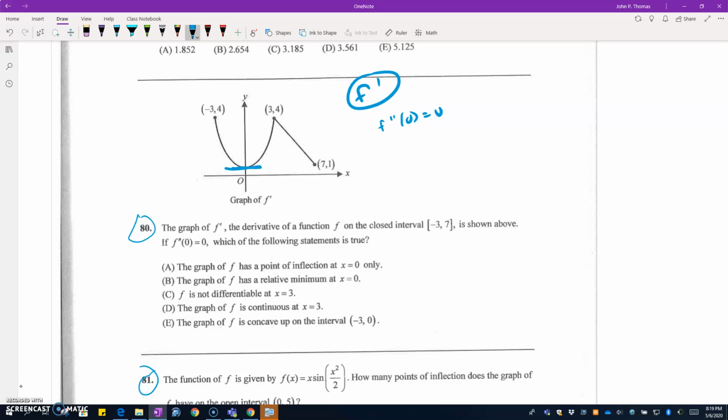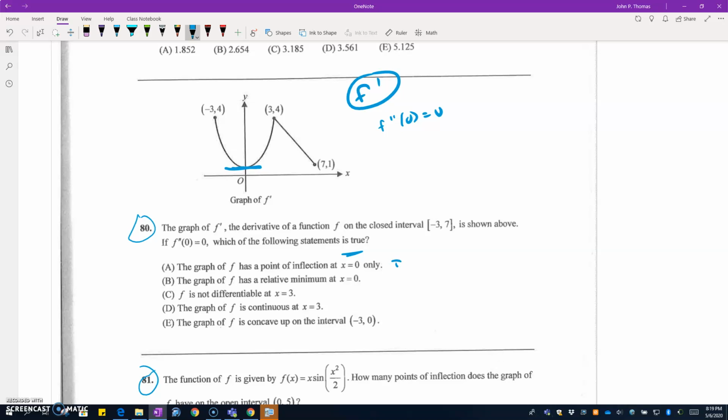So it says A, and we're looking for true this time, the graph of f has a point of inflection at x equals 0. So the second derivative is 0. And the second derivative goes from negative, because this is decreasing, to positive, because this is increasing.